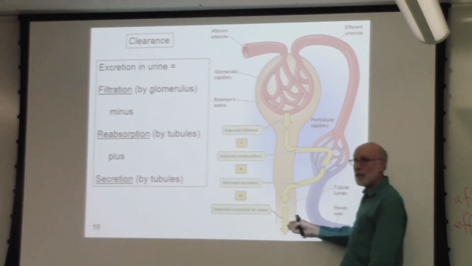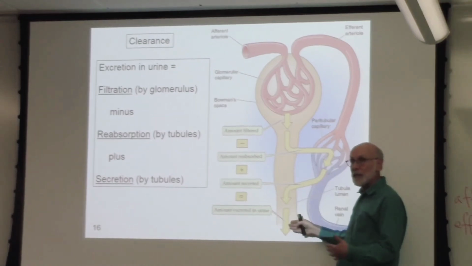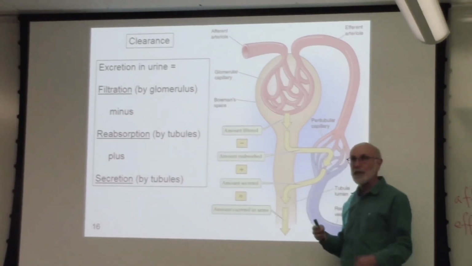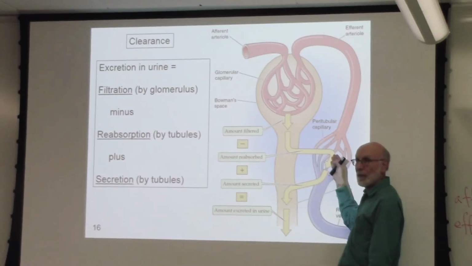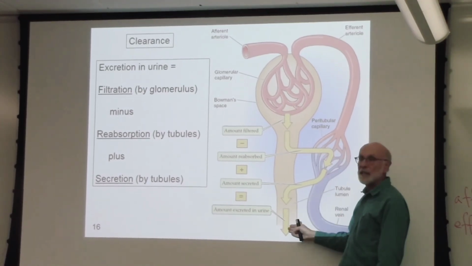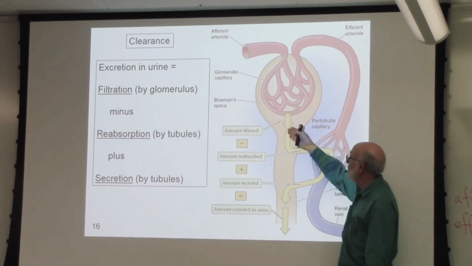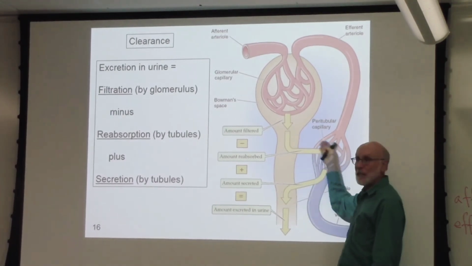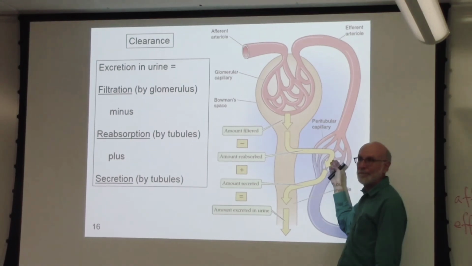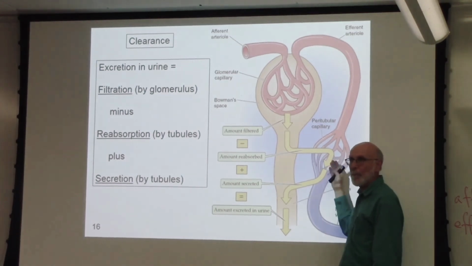So those are the ways that things can get into the urine. The way that things like water and glucose that we don't want to excrete get out is that they are reabsorbed. So the total amount that is excreted is what is filtered plus what is secreted minus the amount that's reabsorbed. Simple arithmetic.